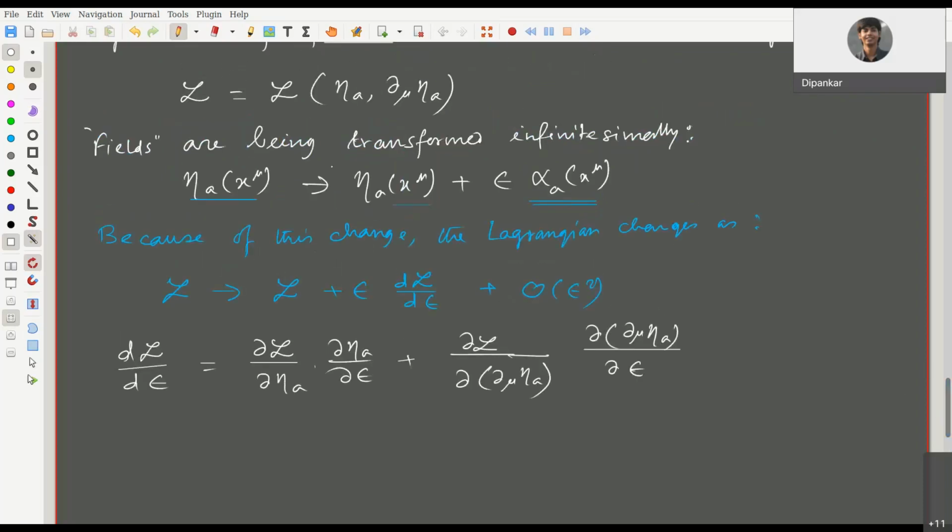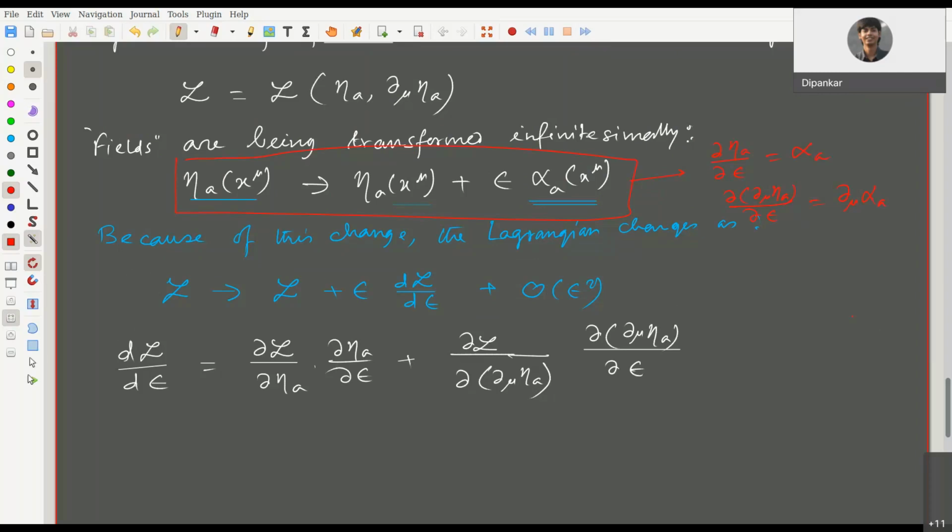First of all, you can easily recognize that if eta changes in this way, then del eta over del epsilon is basically alpha_A. And similarly, del of (del_mu eta) over del epsilon will be just del_mu alpha_A, nothing else.